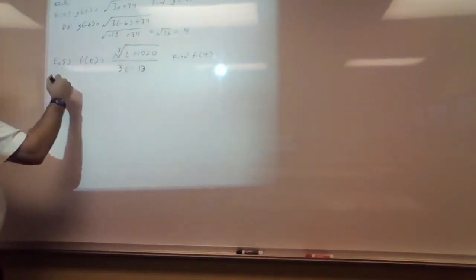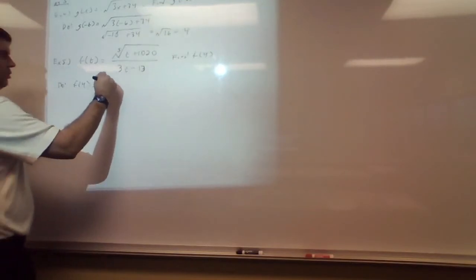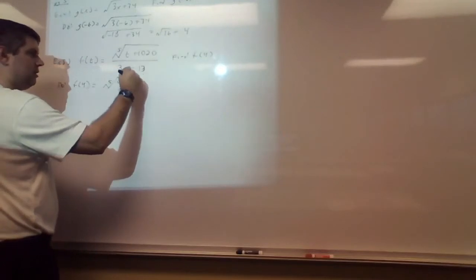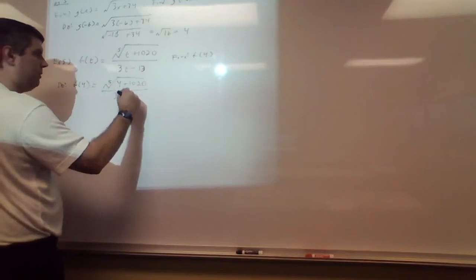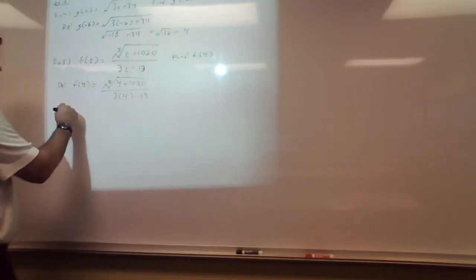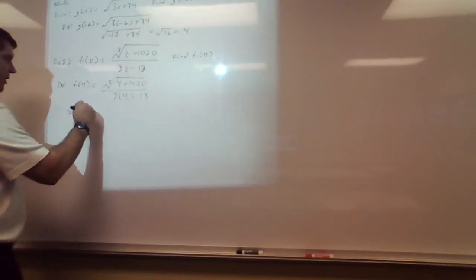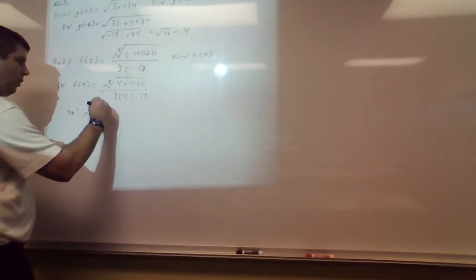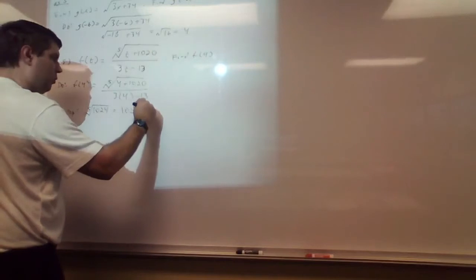So I have f of 4 equals the fifth root of 1024 over 3 times 4 minus 13. I'll do the top and bottom separately. The top is going to be the fifth root of 1024, which is equivalent to 1024 to the 1/5 power.